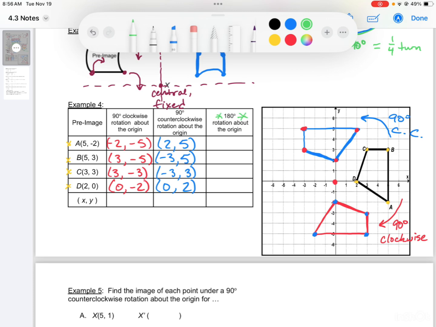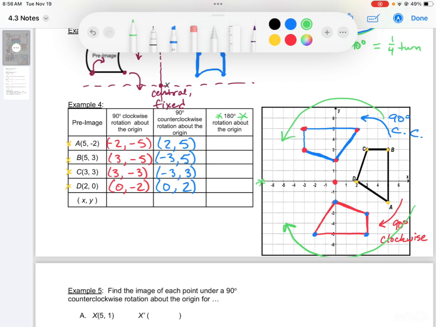And then let's do one last one. If I wanted to rotate this 180 degrees, I'm going to take this image and move it over to this side of my graph. And the orientation should end up being the same no matter which way you go, whether you go all the way counterclockwise or all the way clockwise.